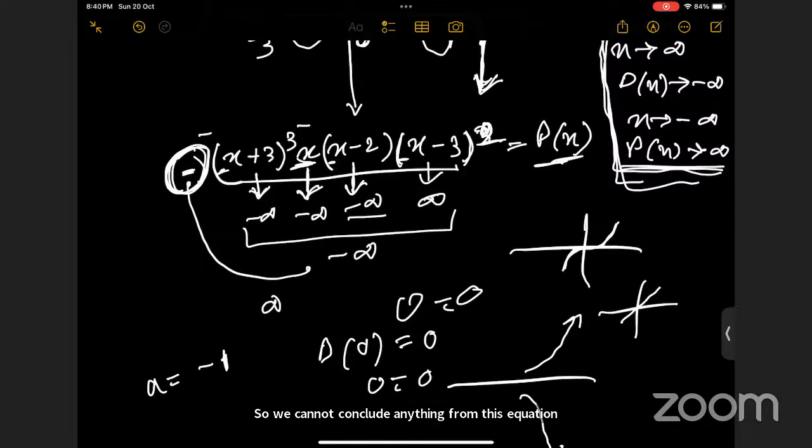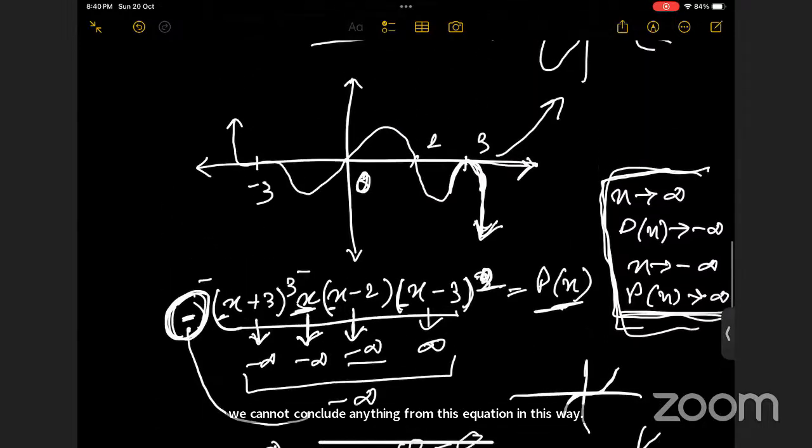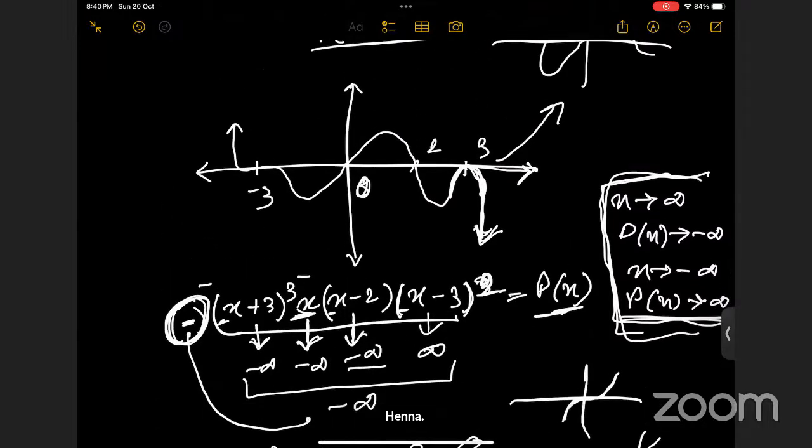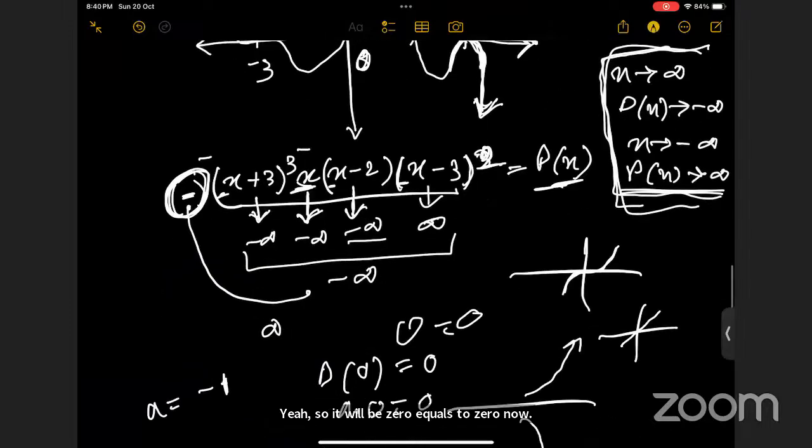But if it is passing through the origin, then A would be 0, so it will be 0 equals 0. So we cannot conclude anything. A into 0 is 0, so A can be anything. But the end behavior is talking about whether a is greater than 0 or lesser than 0, based on odd degree and even degree.